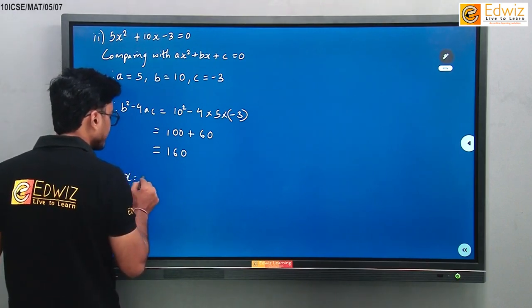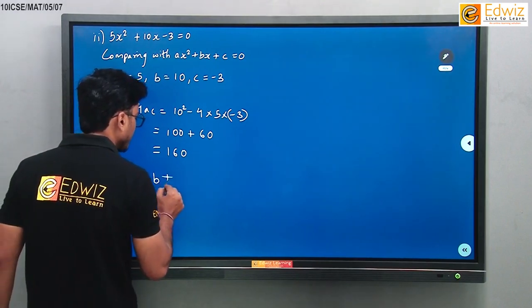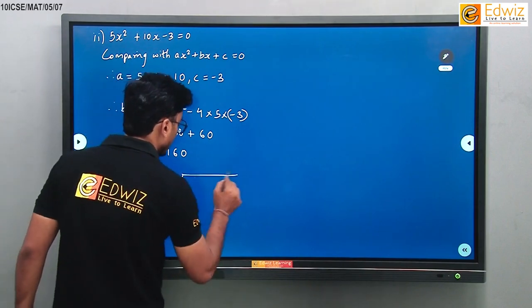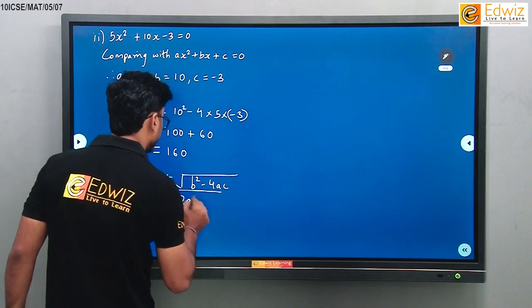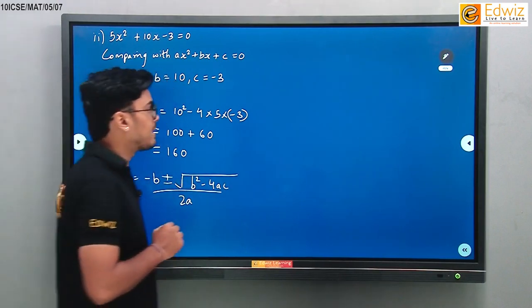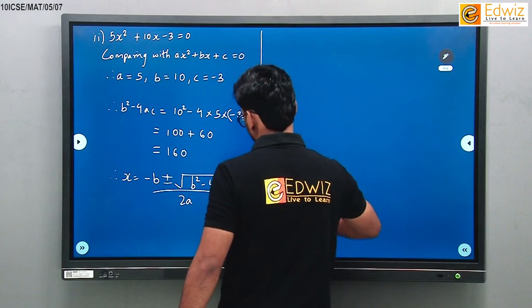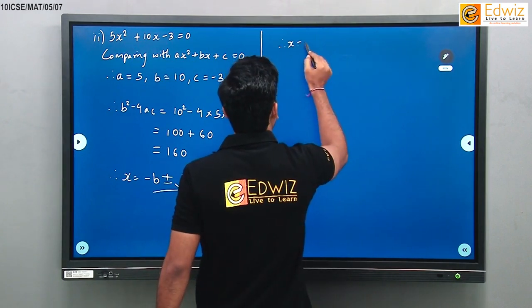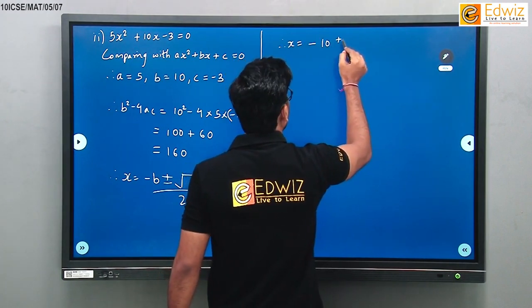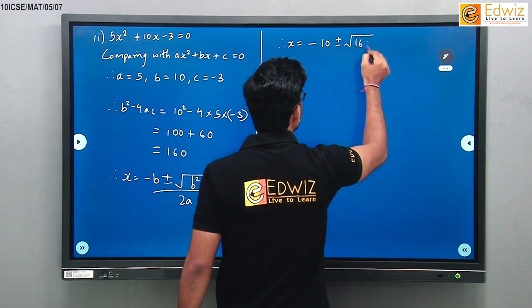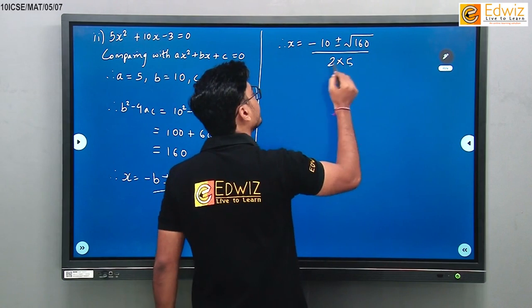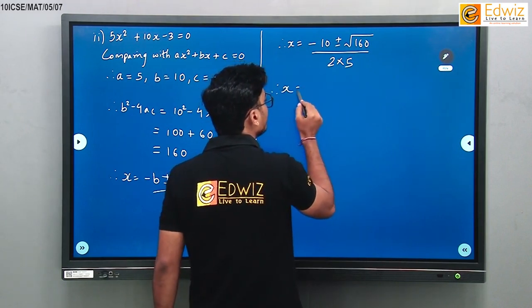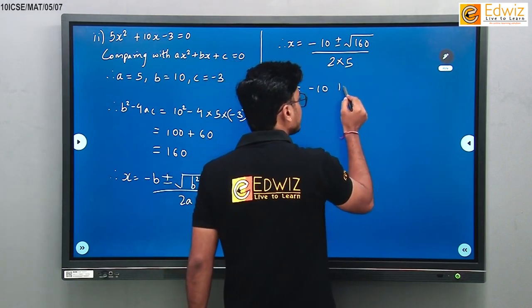Therefore, what is x? Minus b plus or minus square root of b square minus 4ac divided by 2a. Substitute the values here. x will be minus 10 plus or minus square root of 160 divided by 2 into a, 2 into 5, which makes this equal to minus 10 plus or minus.